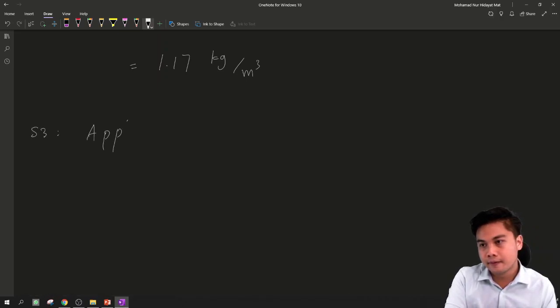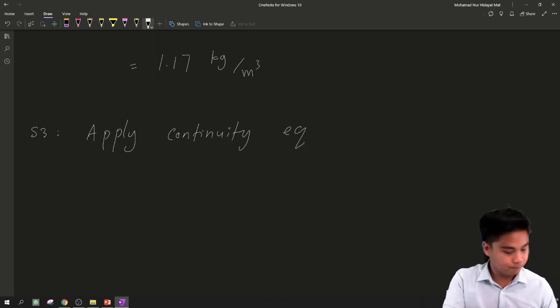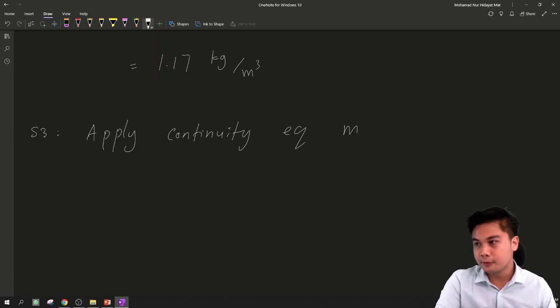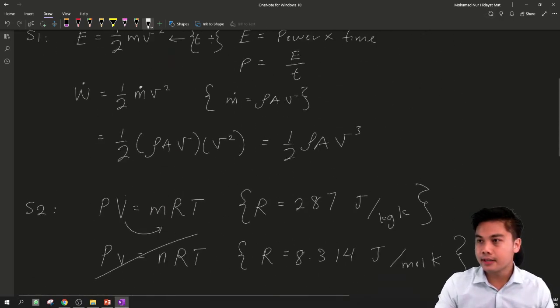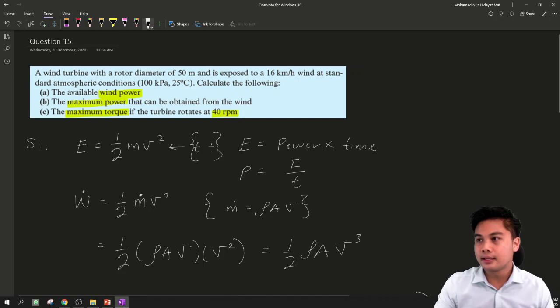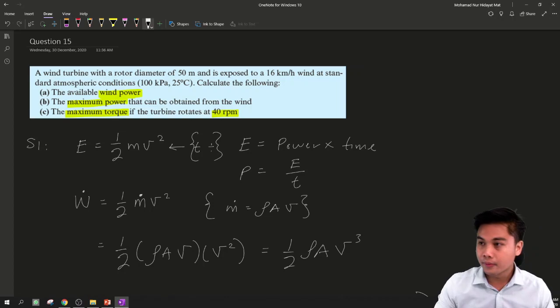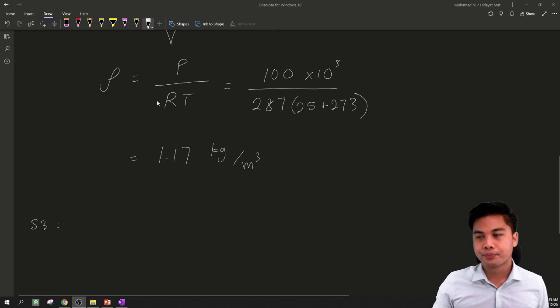Apply the continuity equation, which is mass flow rate equal to rho A V. But the mass flow rate is not given.